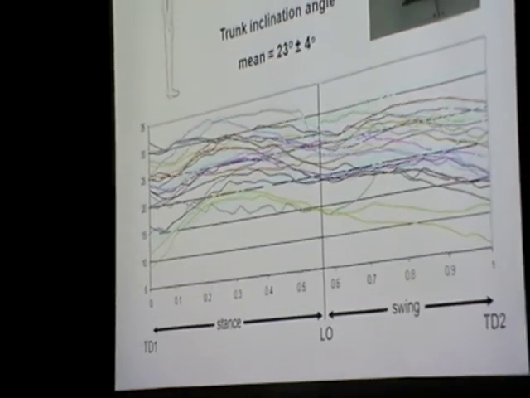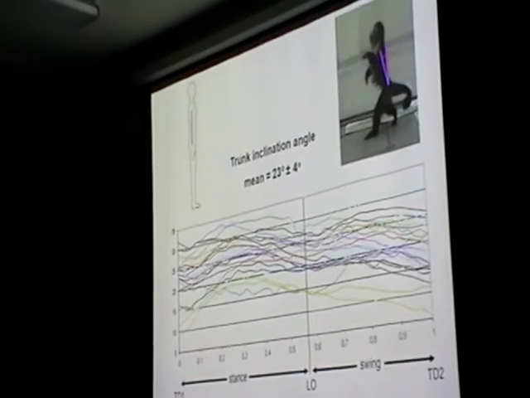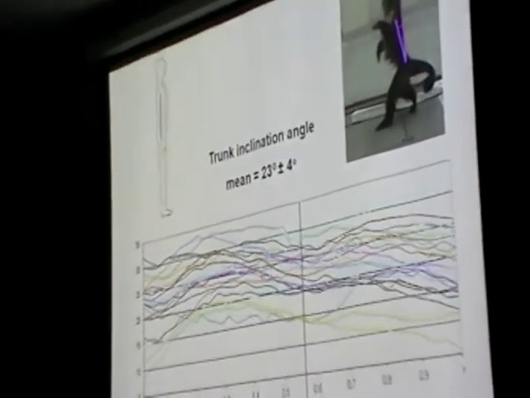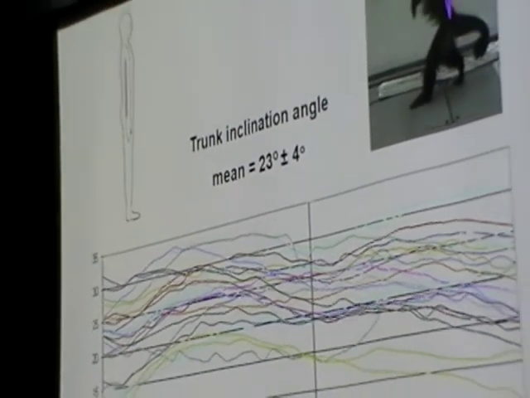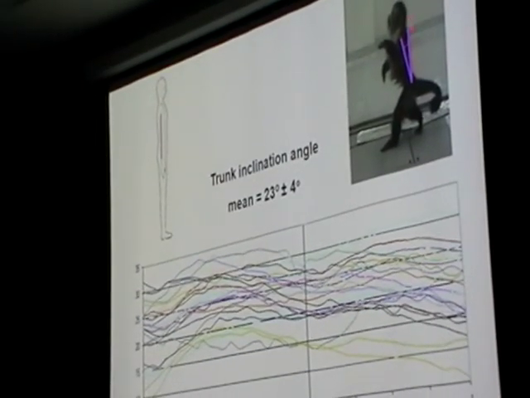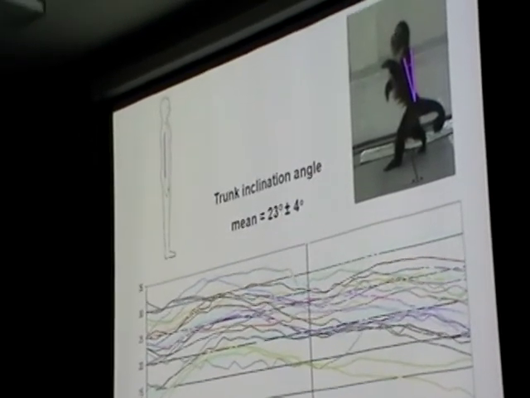Let me start out with a few kinematic data. First of all, you have maybe already gotten an idea from looking at the video that capuchins are quite upright as they walk bipedally on 2 legs, and the angle that the trunk forms with the vertical here is on average 23 degrees.